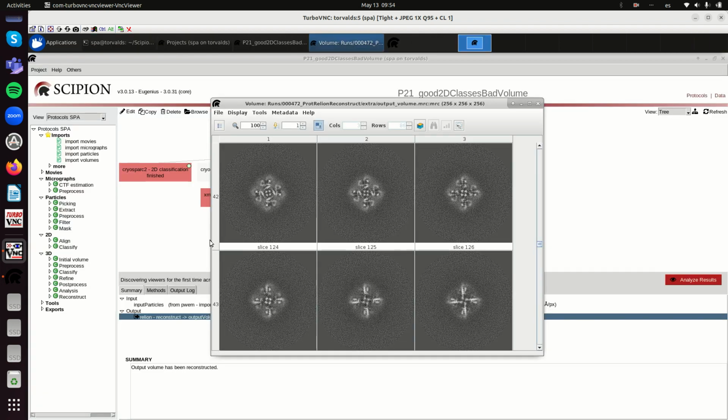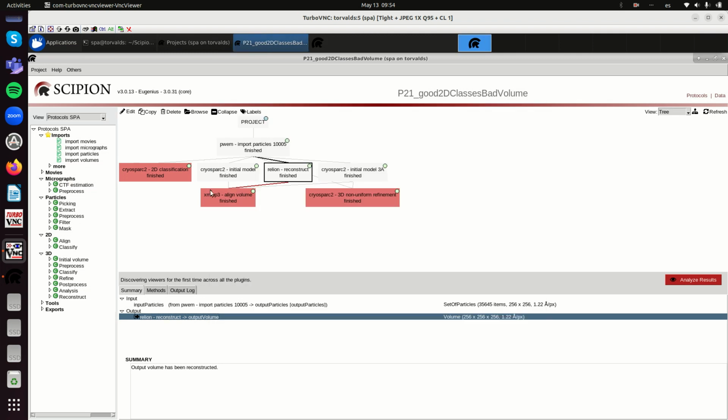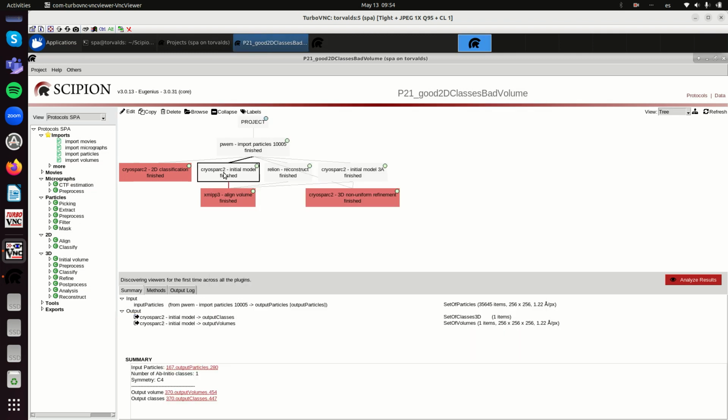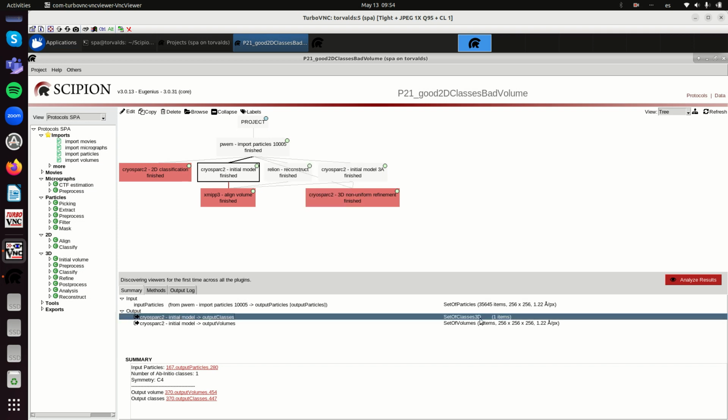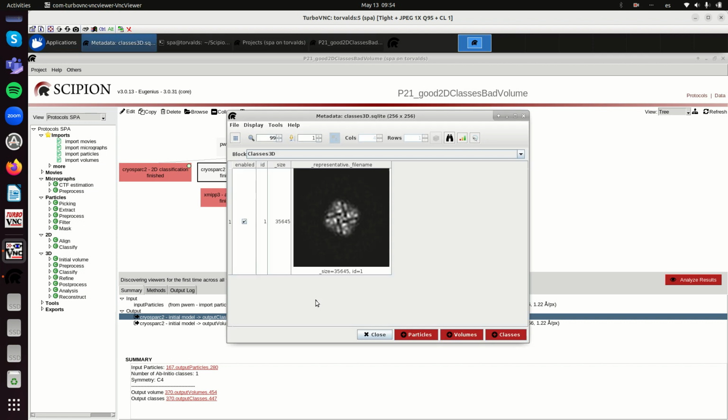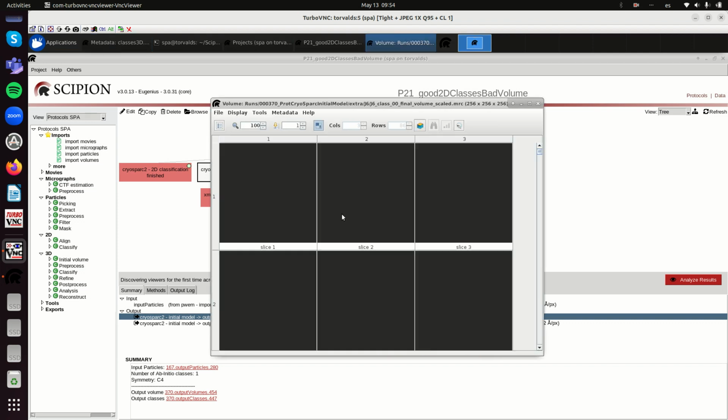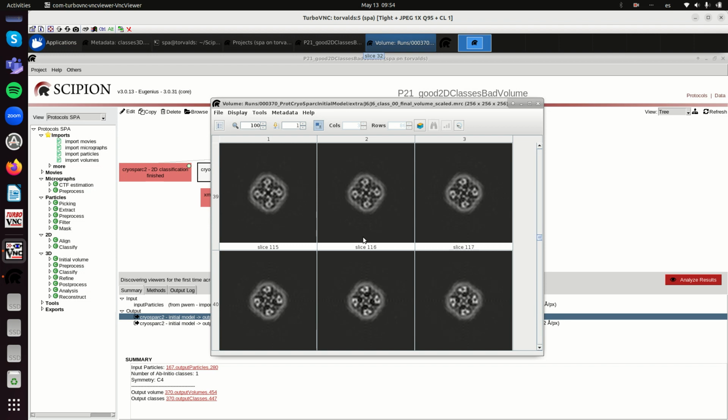Now we can construct an initial model without looking at the angles of this structure, and this is the map that we get. We gave a C4 symmetry as a constraint, and we get basically the same structure but at a lower resolution, and we can check it in Chimera.